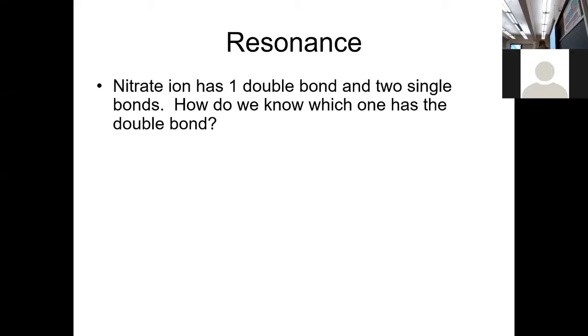If I look at a nitrate ion, what is the formula? NO3 with a -1 charge. If I'm trying to draw that dot structure, I'm going to end up drawing a structure with 1 double bond and 2 single bonds. So the question becomes, how do we know which one has the double bond?